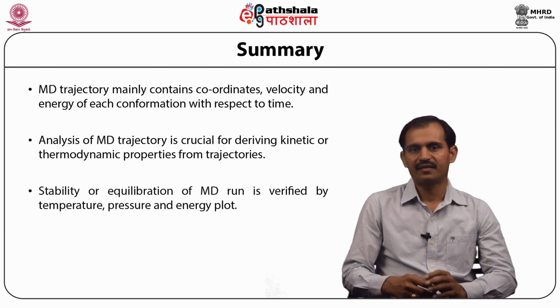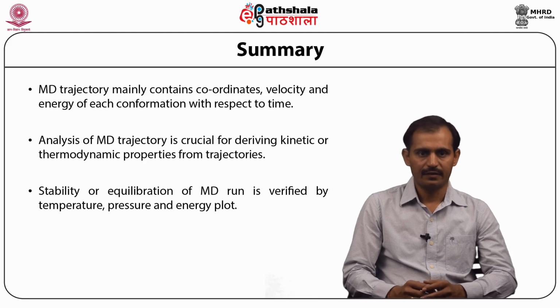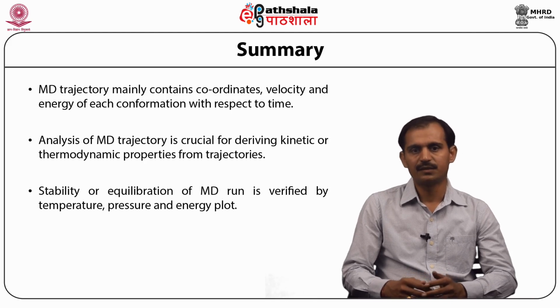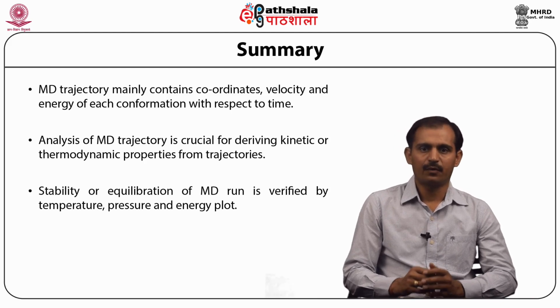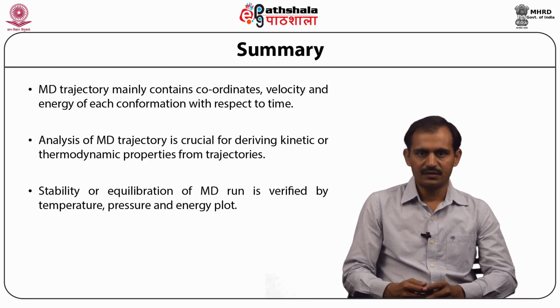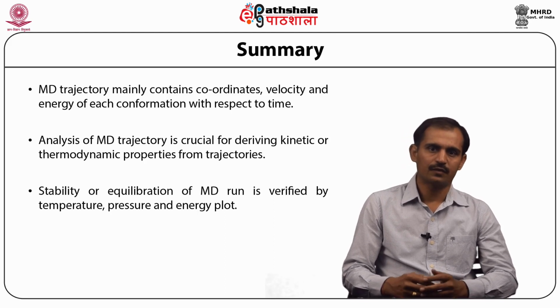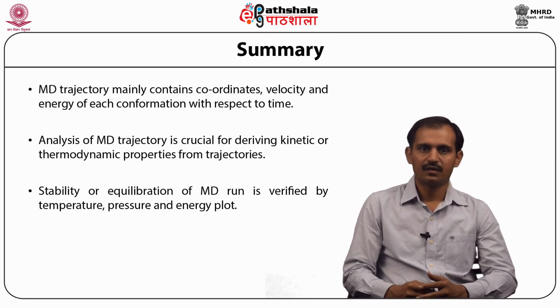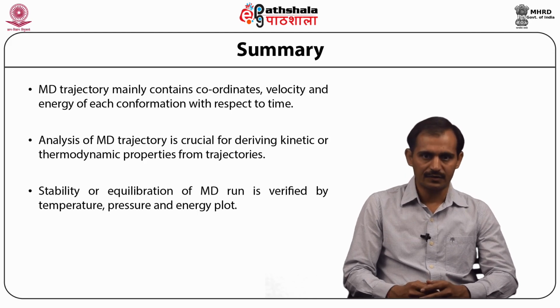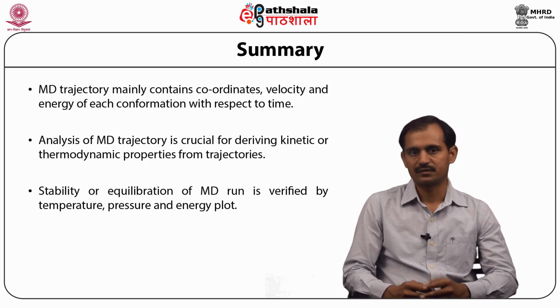Similarly, stability and equilibration of MD run is verified by temperature, pressure and energy plots from the MD run trajectory. The MD trajectory provides information besides temperature, pressure and volume. We also find root mean square deviation, root mean square fluctuation, radius of gyration and other thermodynamic properties like free energy of binding and heat of vaporization of the system under simulation.